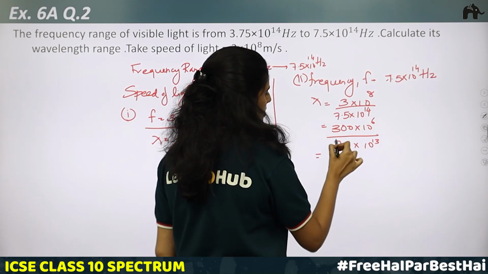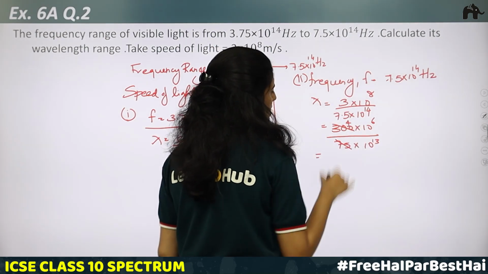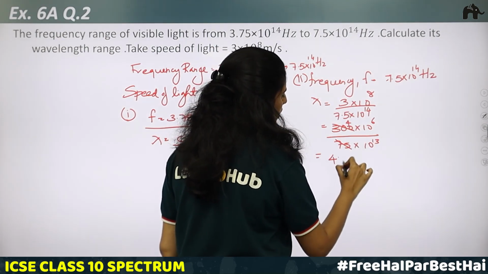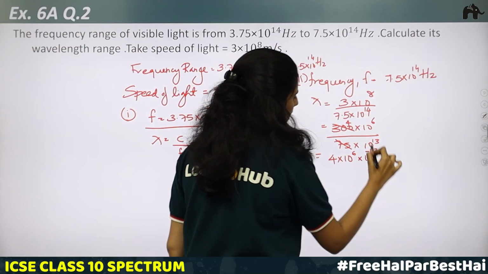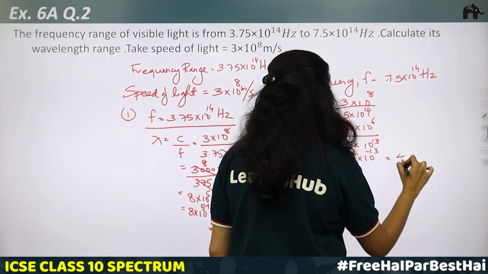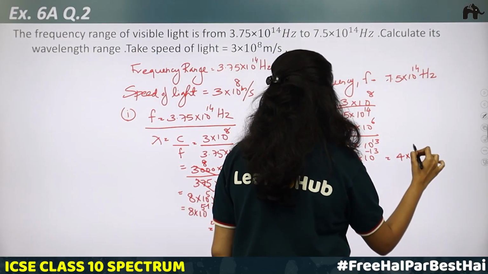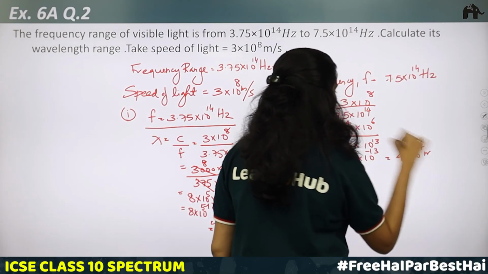That is equal to, 75 into 4 is 300. So 4 into 10 raised to 6 into 10 raised to minus 13. That is equal to 4 into 10 raised to minus 7 meters.